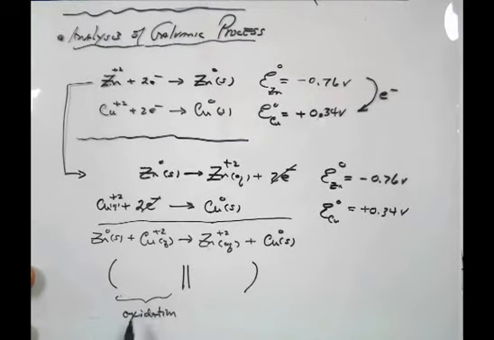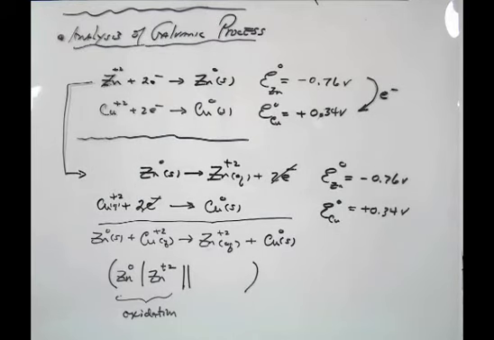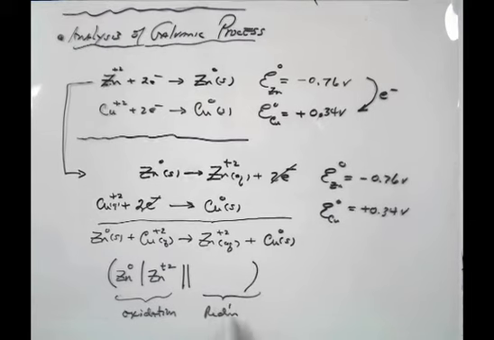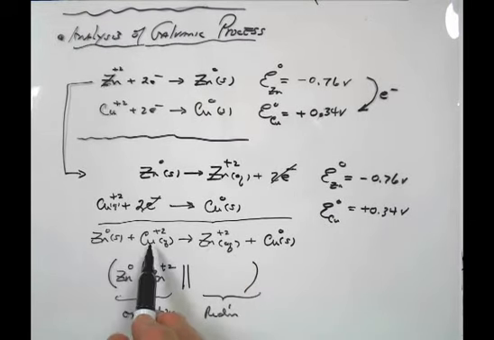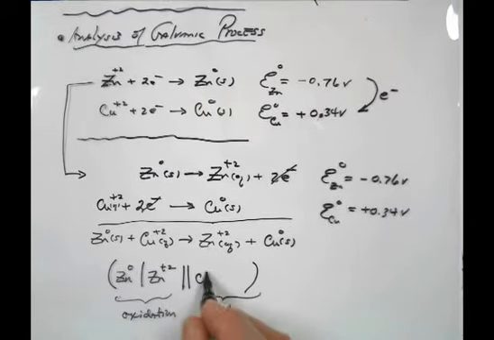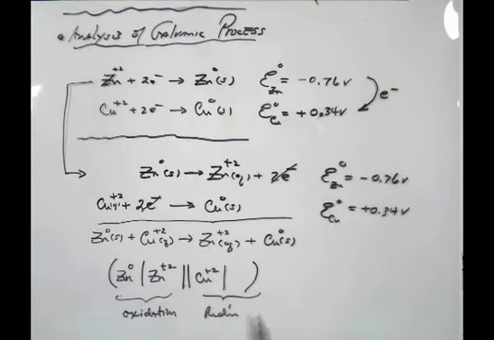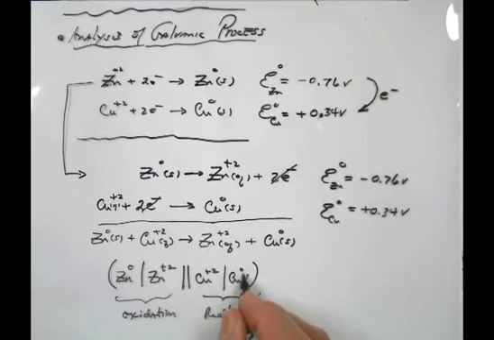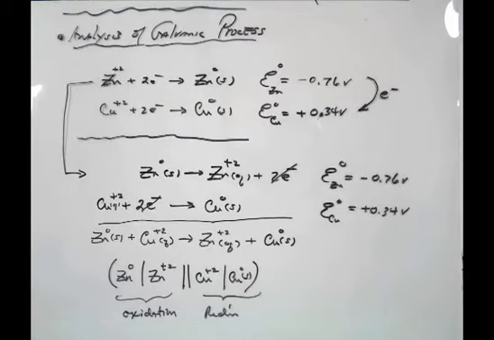And so the oxidation starts with zinc and put a single bar and goes to zinc plus 2, like that. And then on the reduction side, you start with the copper ion, and so you write that down, copper ion, put a single bar, and it winds up with the reduced form of copper. That's a notation you need to get comfortable with. Oxidation, reduction.